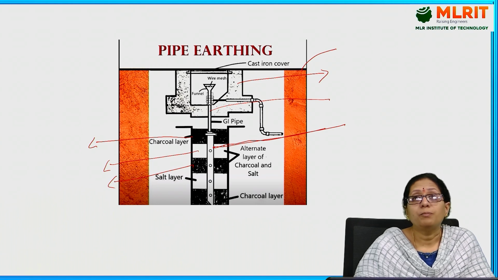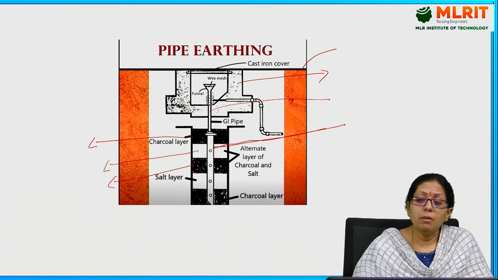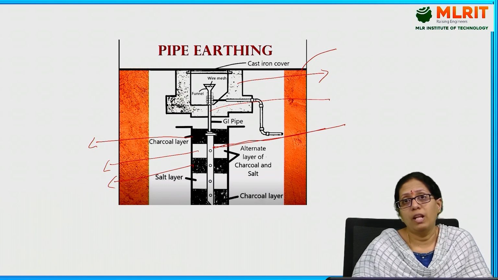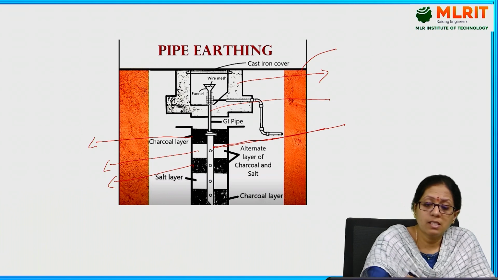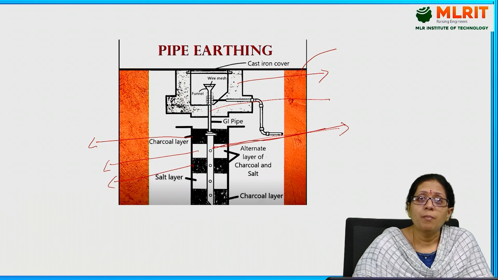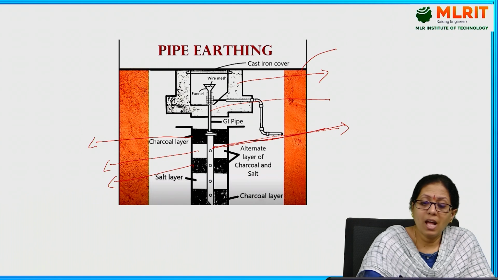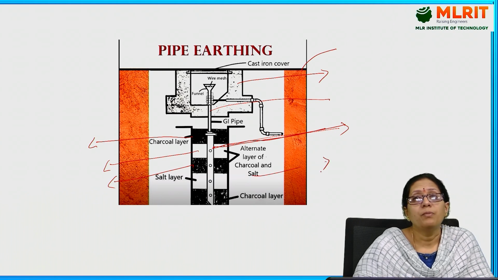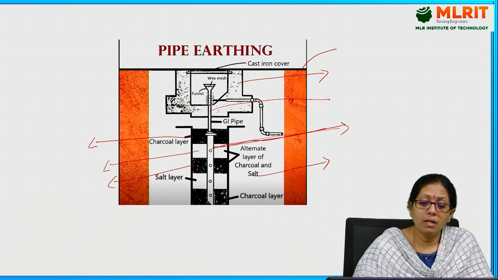As I said, this should be placed inside the earth at a minimum of 3 meters of depth. First we place this particular pipe inside the earth, and the pipe is filled around with charcoal and salt material.